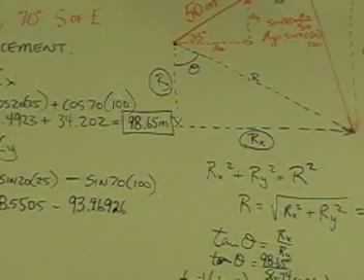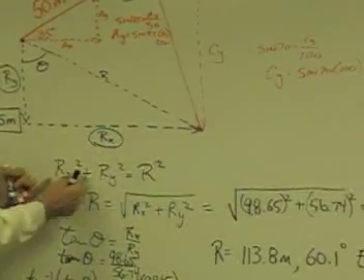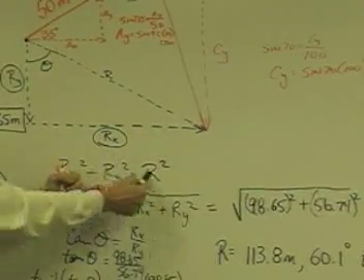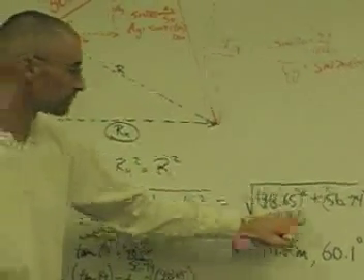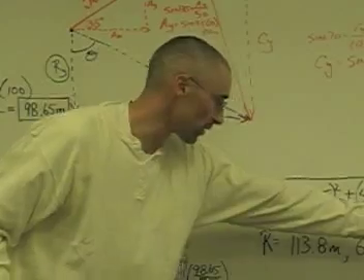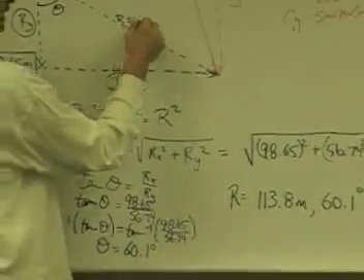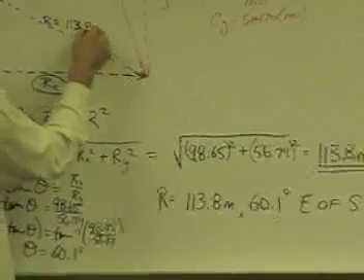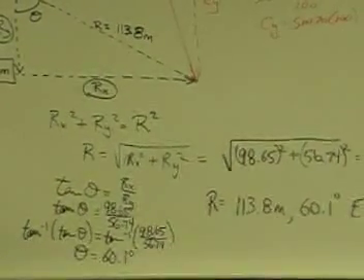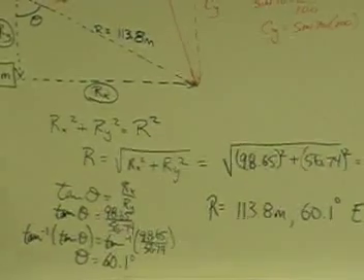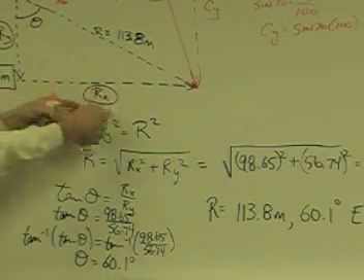So with that being said, if we know these two components, we can use the Pythagorean theorem, Rx squared plus Ry squared, to get R squared. So I plugged in those numbers right there and there to come up with the magnitude of our resultant vector. And so guys, that's going to equal 113.8 meters right there. And then once I knew that, we knew our Rx and we knew our Ry, so we set up opposite and adjacent.